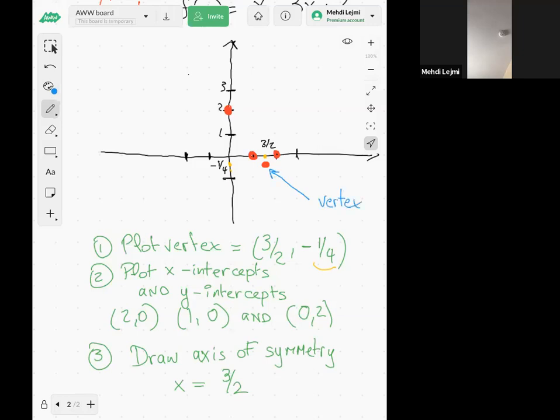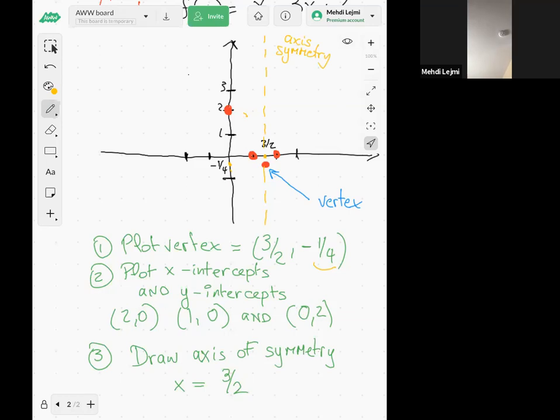So my axis of symmetry passes through the vertex, x equal to 3 halves. So here's my axis of symmetry. All right. Okay, so now I have everything I need to graph my function f.